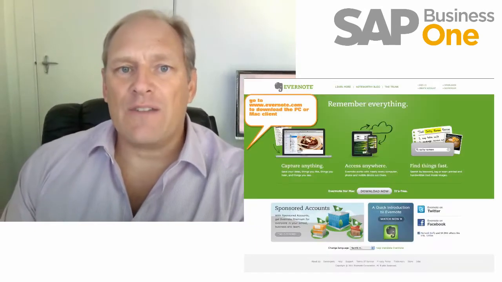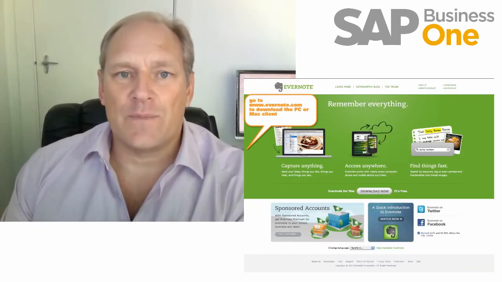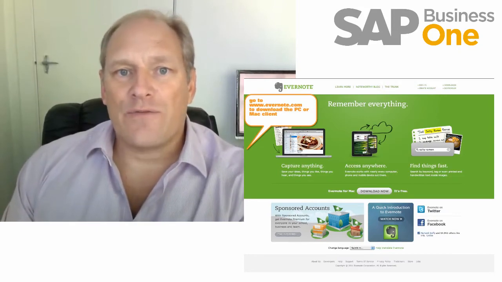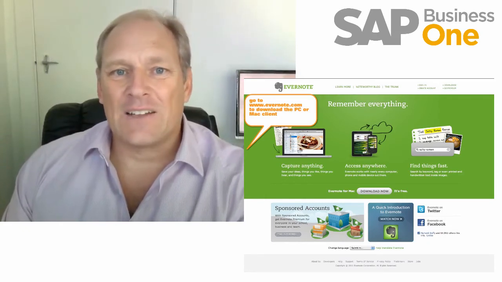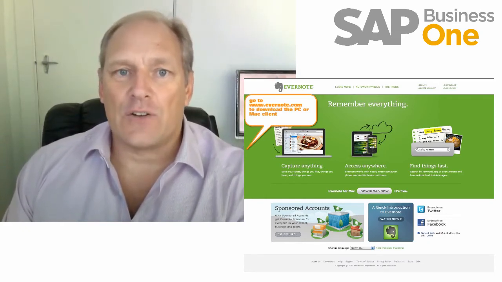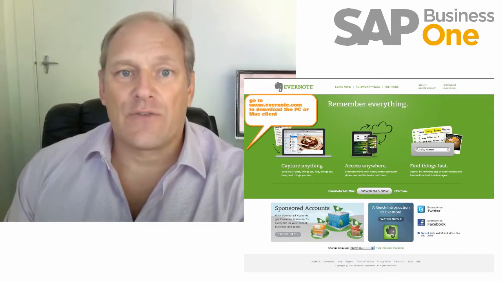And the idea behind this is that we use Evernote as the platform for distributing this out to you. How does it work? Well, first step is you need to go to www.evernote.com and download a copy of Evernote. Now, that can be downloaded free of charge and it can be used free of charge.